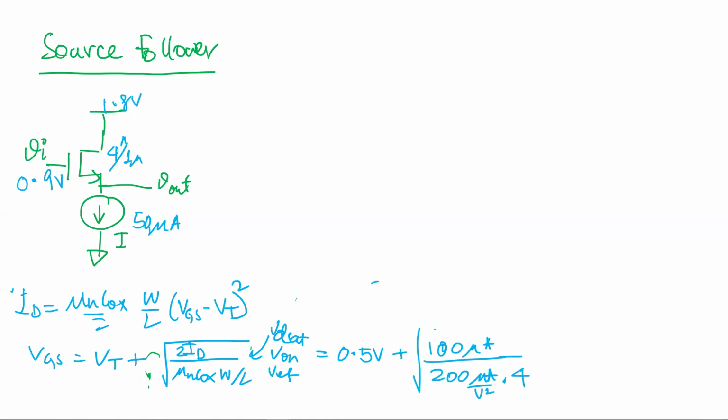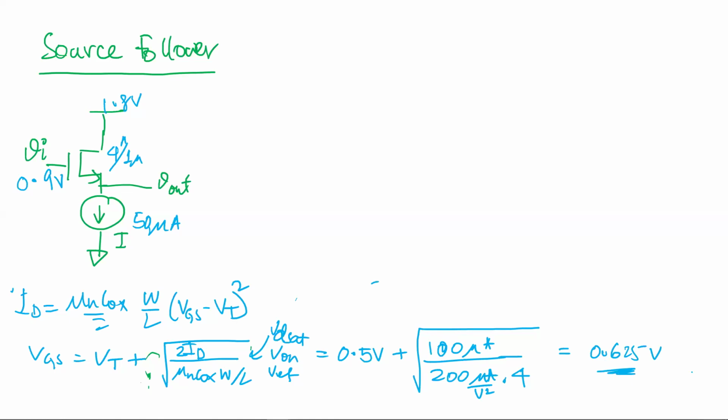Okay. And then we take the square root of this. So this is roughly what? 100, 1 by 2, 1 by 8, microamp cancels volts. So 1 by 8 volts is what? It's about 0.125 or something, right? So this will be roughly about 0.625 volts, let's say.